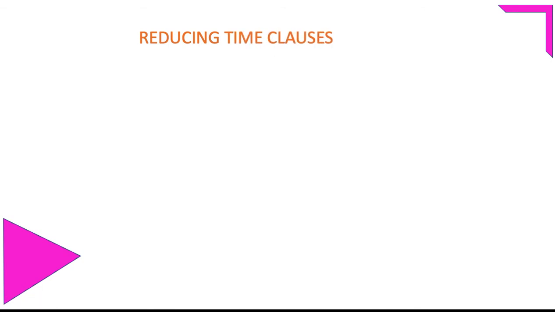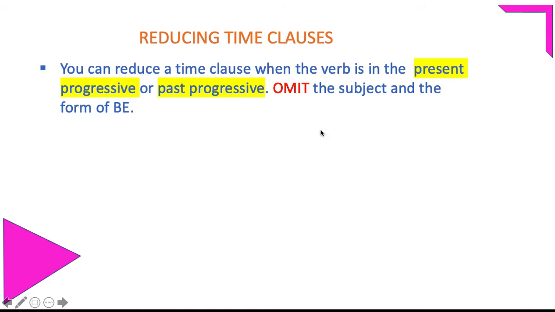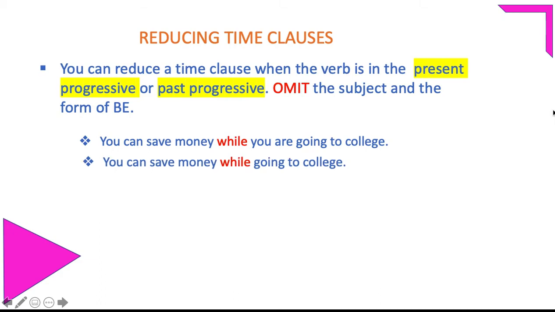Now, reducing time clauses. You can reduce a time clause when the verb is in the present progressive or past progressive. We have to omit the subject and the form of the verb be. You can save money while you are going to college. So I have to omit the subject. If you see, the subject has disappeared. And then I have to omit the verb be.